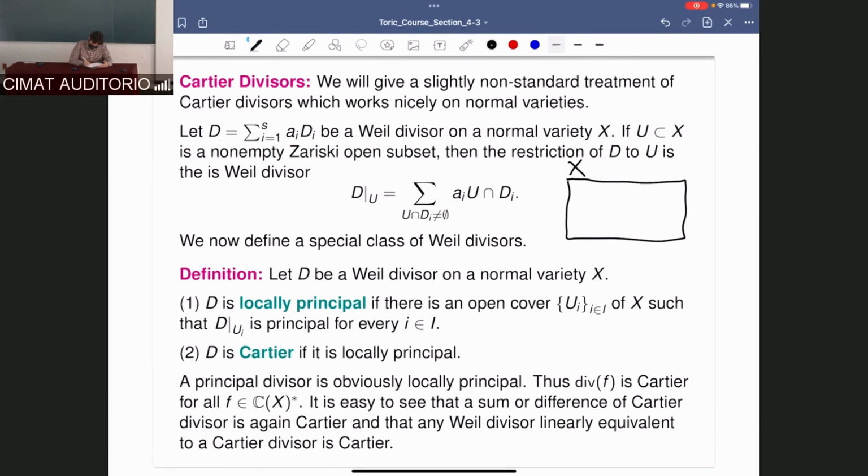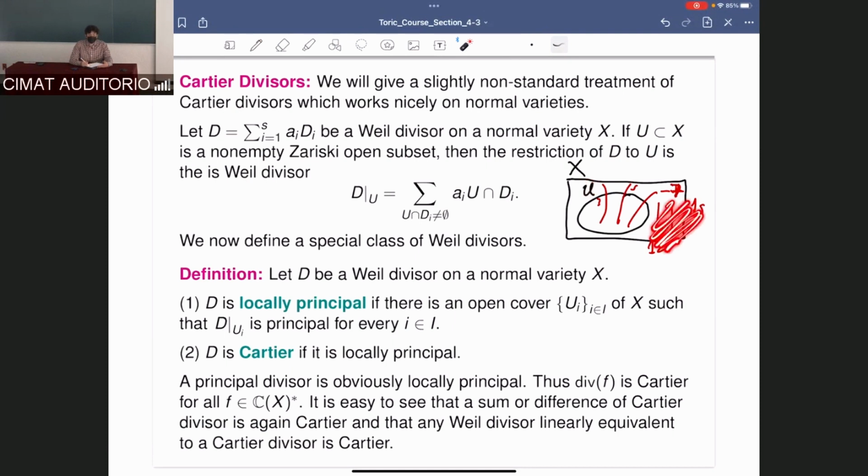So this is X, this is our U, and our divisor can be 3 times this one, plus, say, 5 times this one, minus 7 times this one, plus 12 times this one, and minus 15 times this one. Say that's the divisor. How do I restrict to U?